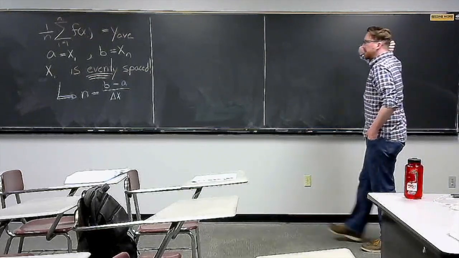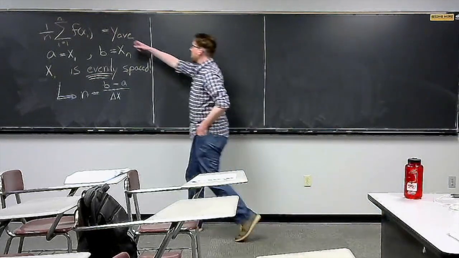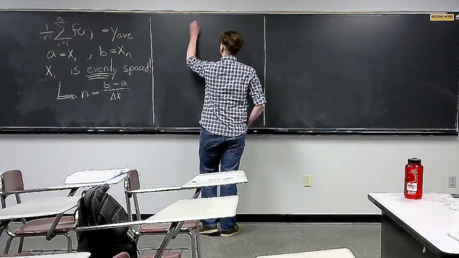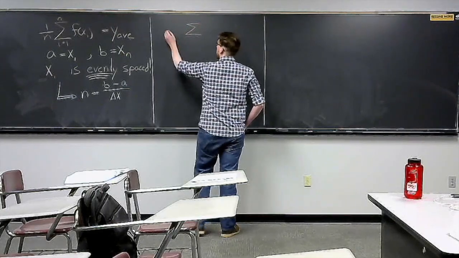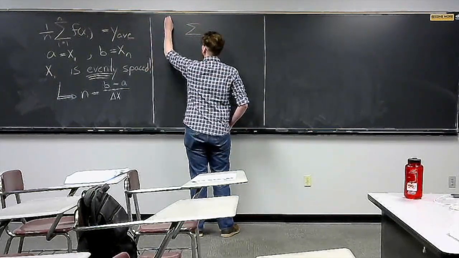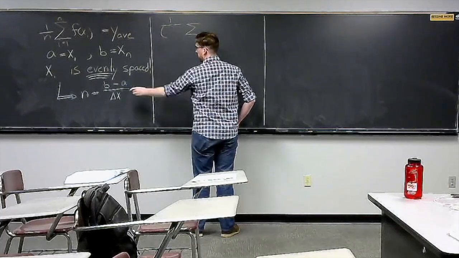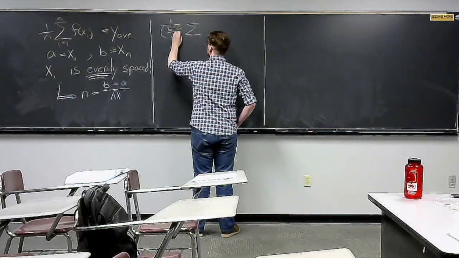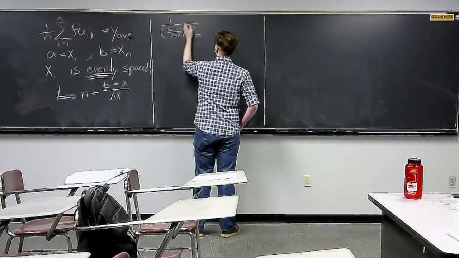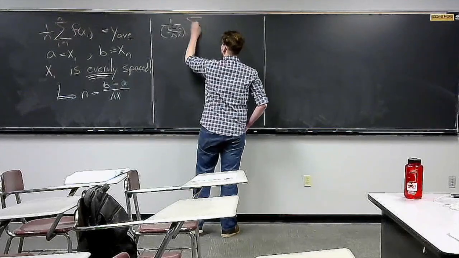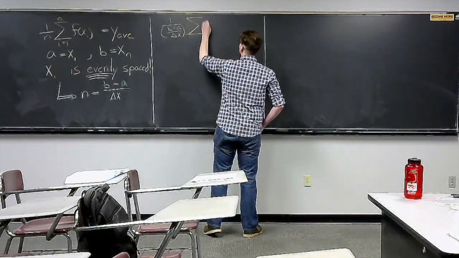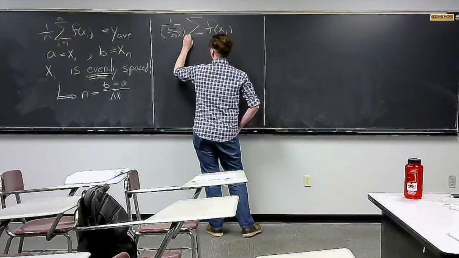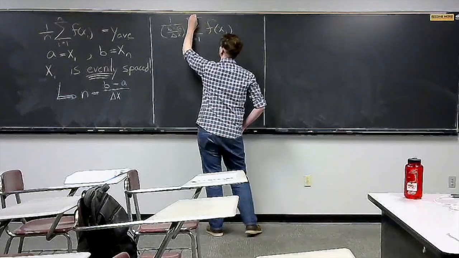So if this is the case, then we can rewrite this formula. We can rewrite it as 1 over b minus a, all divided by delta x, times the sum of f of x sub i from i equal to 1 up to n.